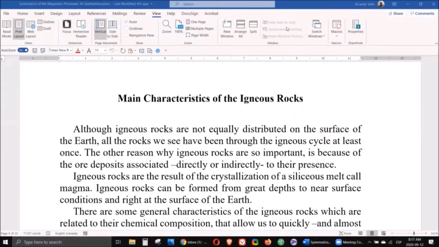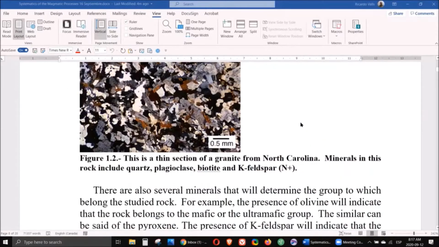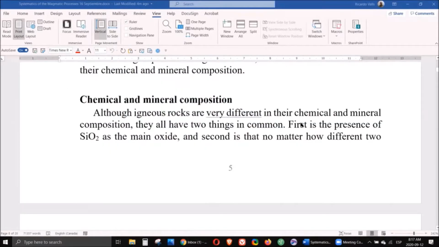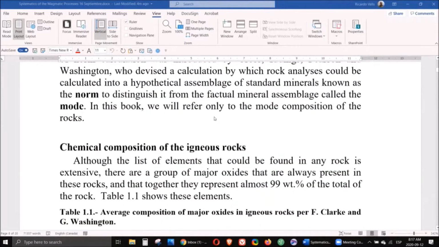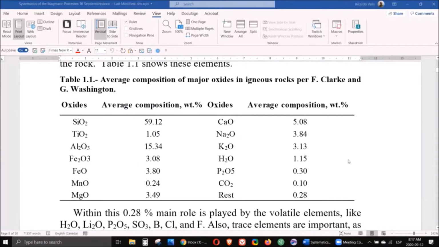Let's take a look inside the book. The first chapter starts by talking about the main characteristics of rocks in general. It has many pictures. It has a chapter about the chemical and mineral composition of the different types of rocks. For example, this is the table of the major oxides according to Clarke.